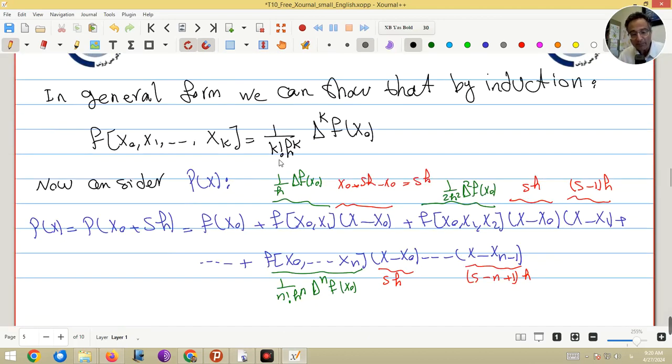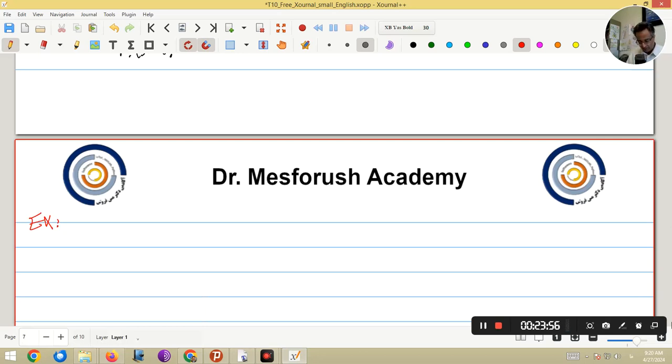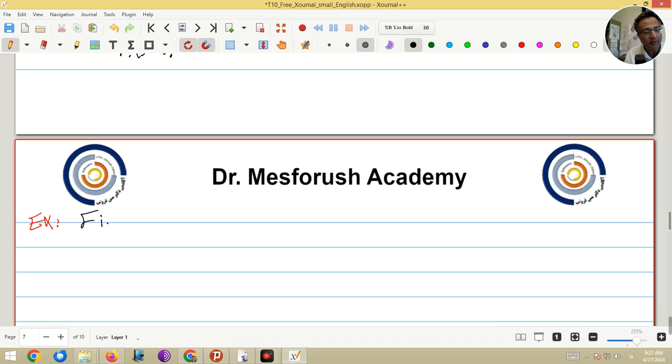Now let me apply this theorem to find an interpolating polynomial with equal distance. Let me write an example and try to solve it. Suppose that I have a table like this. I want to find the interpolating polynomial. Let me write the problem.